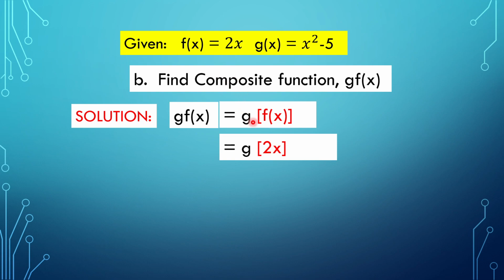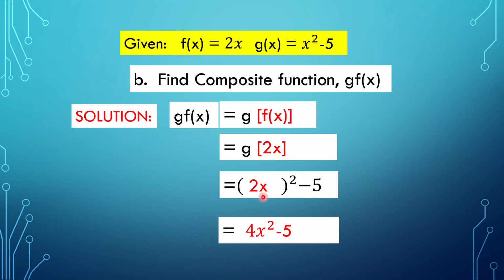Now you can substitute the object into g, but before that, prepare the empty bracket for function g. So what is g? g is x squared minus 5. So when you prepare the empty bracket, remember, change the x as empty bracket squared minus 5. Now you can substitute the object, that is 2x. Expand this and you'll be able to get the answer.